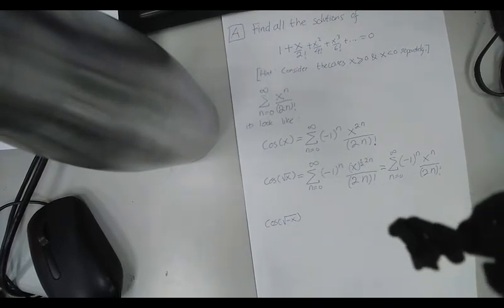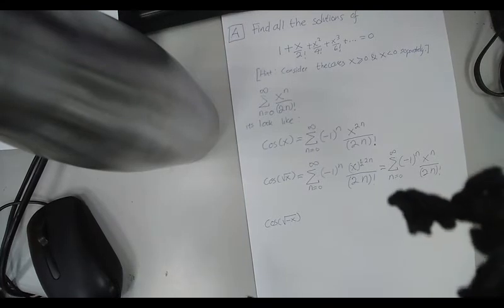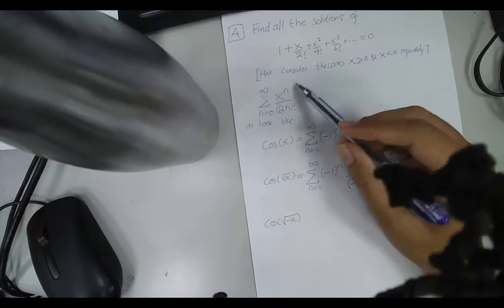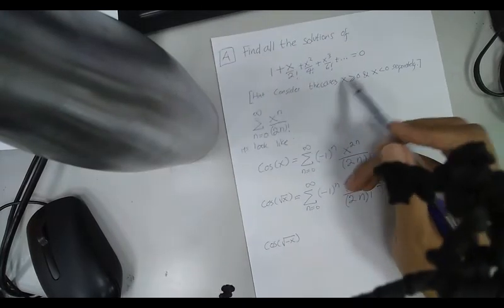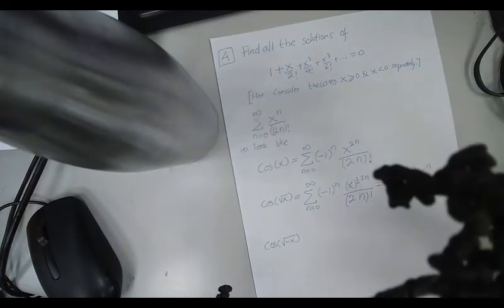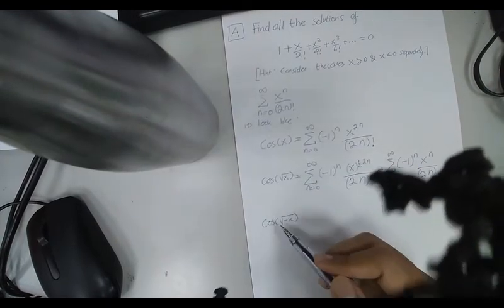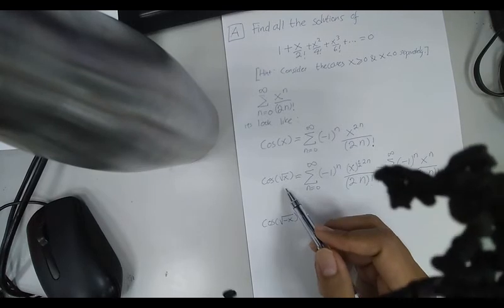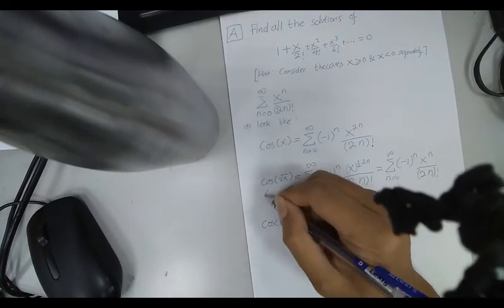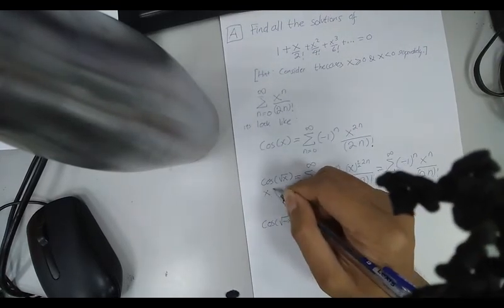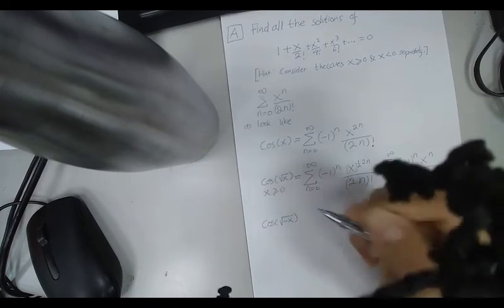Well, I will argue that we can do that. Remember the hint: consider the cases when x is positive and negative. So actually, this one is kind of similar. The cos of square root of x is only valid for x positive, right?